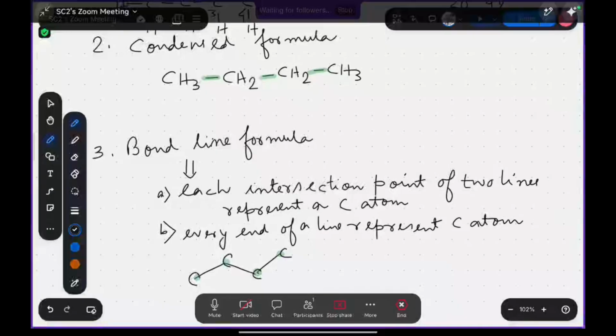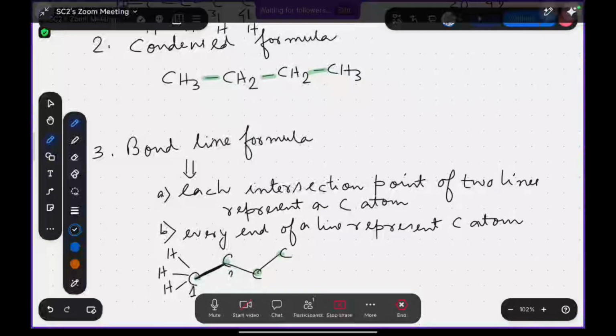You need to know that carbon is tetravalent. Whether it is single bond, double bond, triple bond, or bonded to a heteroatom, carbon always forms 4 bonds. Every carbon should be having 4 bonds. That means if this is carbon atom 1, it is already having 1 bond from this side and 3 other hydrogen atoms.